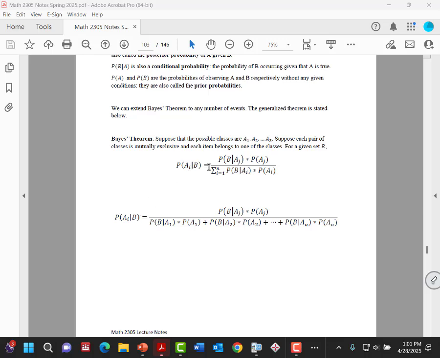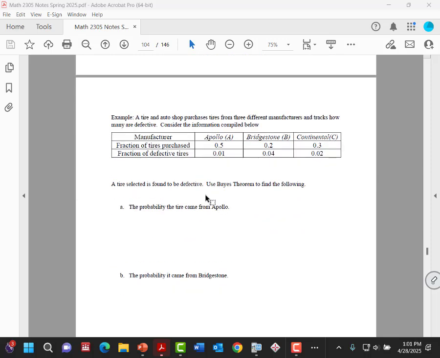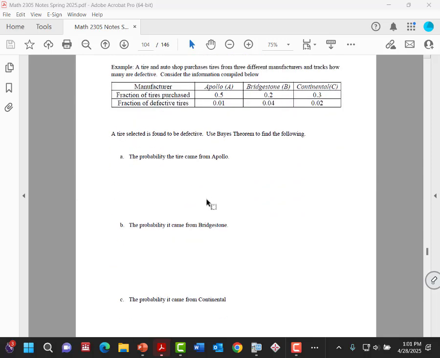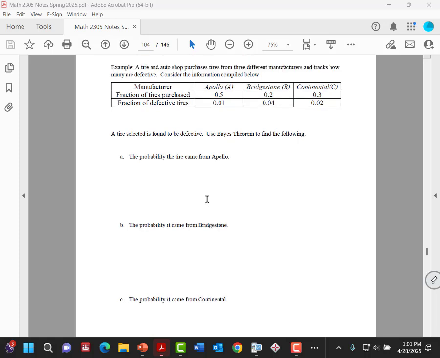And I'm not going to read all of that to you, but we're just going to jump in and take a look at an example where we might use Bayes' theorem. So, a tire and auto shop purchases tires from 3 different manufacturers and tracks how many are defective. Consider the information compiled below.